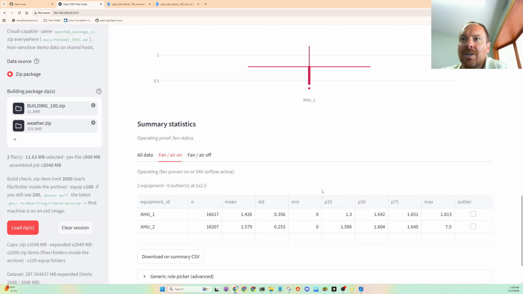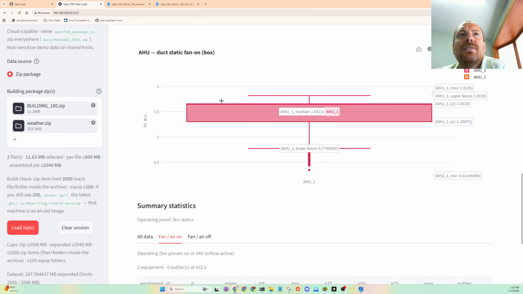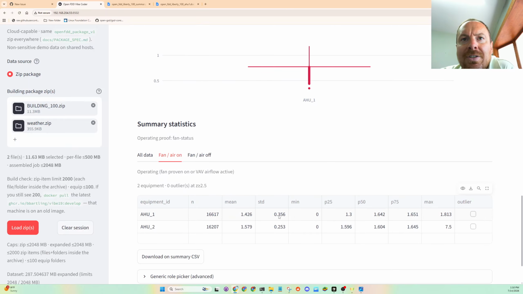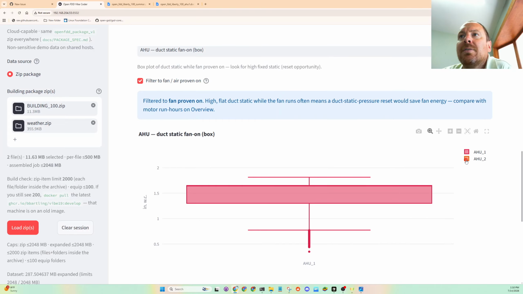And there's a little bit of data where it is, no, I'm sorry, it's air handling unit 1, it's 1.3 to 1.6 quartiles here. That is this right here, from this bar to this bar. And standard deviation is 0.13 inches water column, where this other air handling unit 2 performs a little bit better.